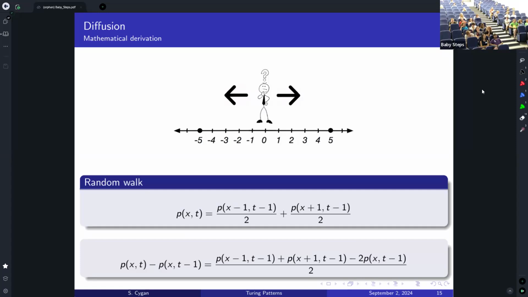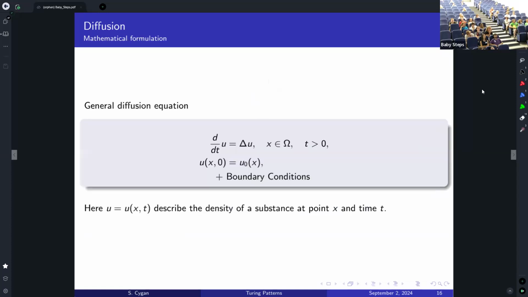And the right-hand side looks exactly like the second derivative with respect to x.